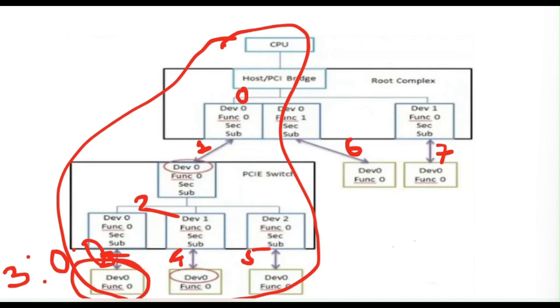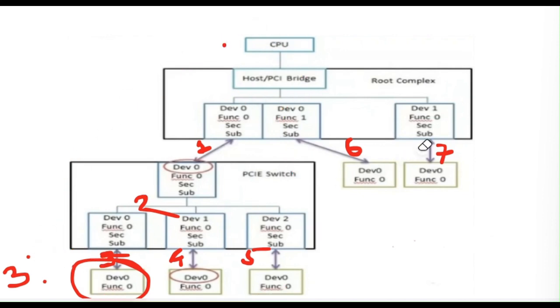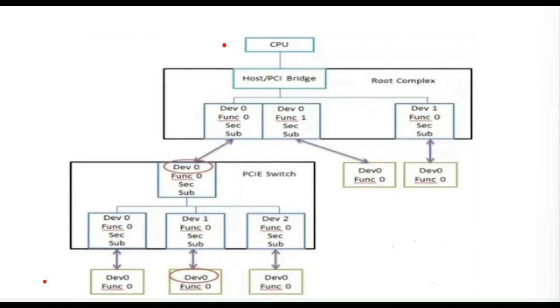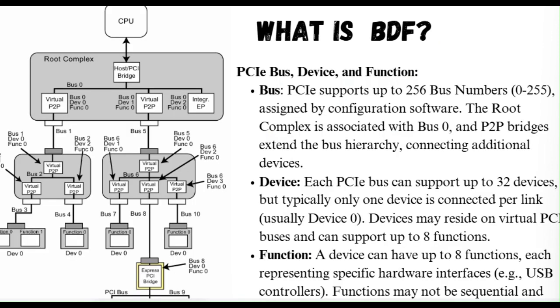Let us take one more example. Here our root complex starts from here, so this is our bus 0. Now we follow the depth first search rule. So this is bus 1, and this is bus 2.